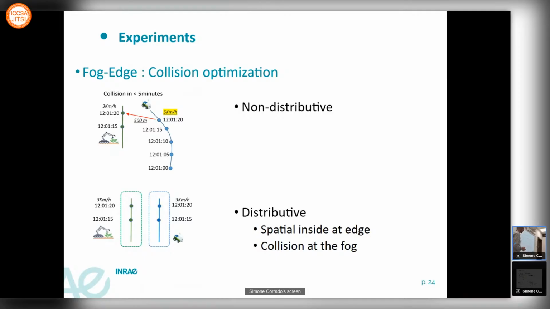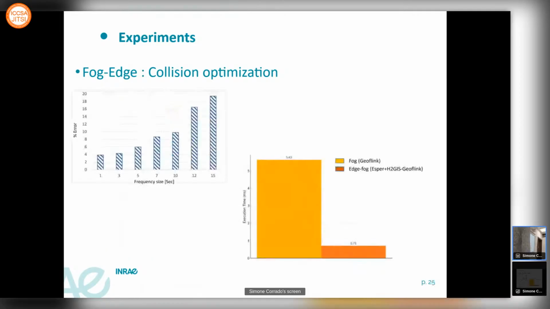We define a buffer for each trajectory, and then at the edge in the robot we see if I am not outside of the buffer. If I am inside, everything is good, and I don't send data to the server. But only when I am outside the buffer, I send the data to the server in order to understand if a collision will occur.